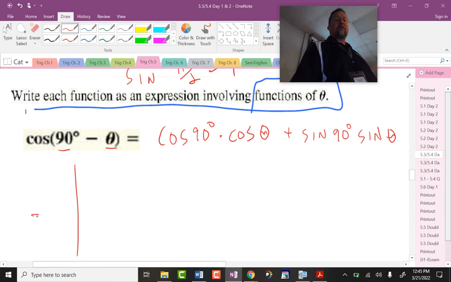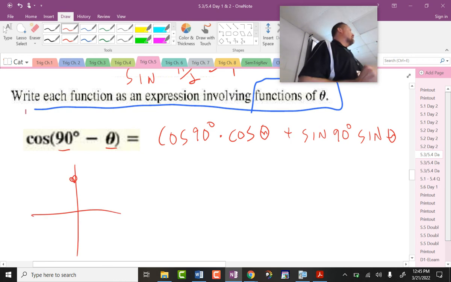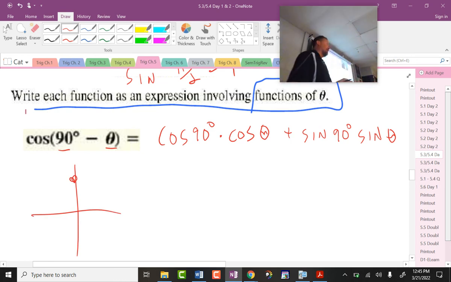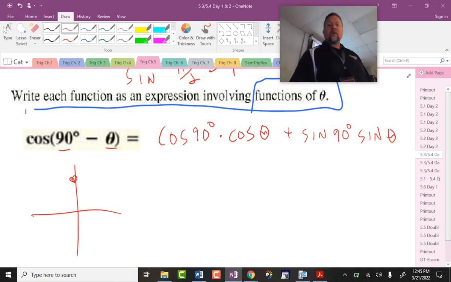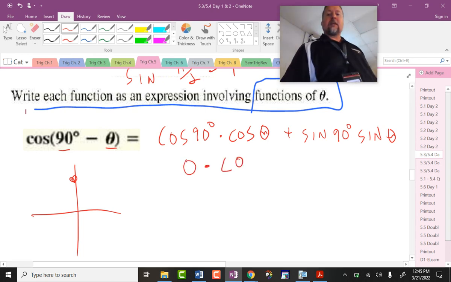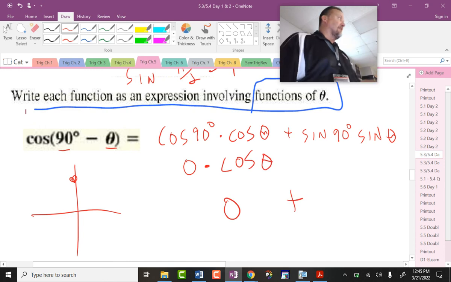Now I'll just make you finish this off. Here's the coordinate for 90. I'm not going to write it, though. What's the cosine of 90, which has that coordinate right there? 0. 0 times cosine of theta is 0. 0 times anything is 0.